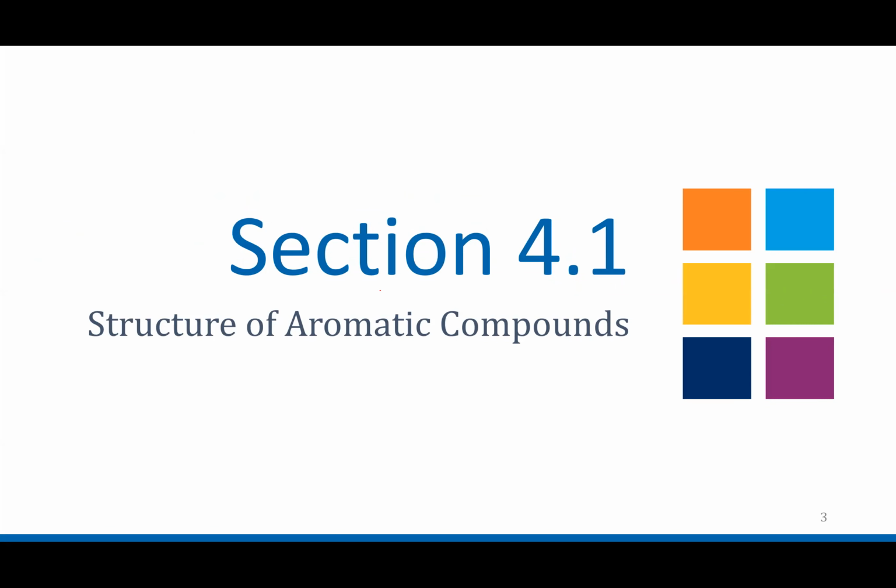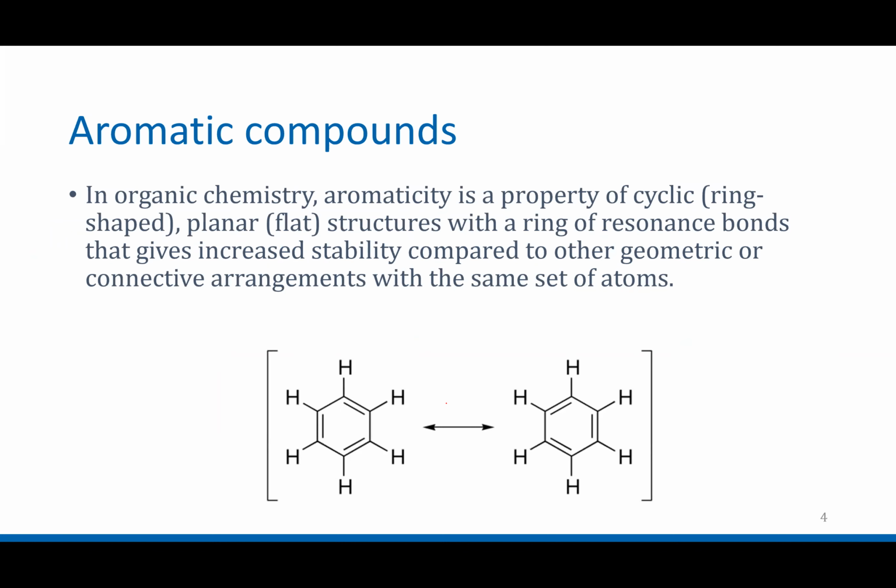So section 4.1 is the structure of aromatic compounds, and we did a little bit of this in Unit 1. In organic chemistry, aromatic compounds are usually cyclic rings. They're flat. They have a resonance structure that gives them stability. Now, what do I mean by resonance?